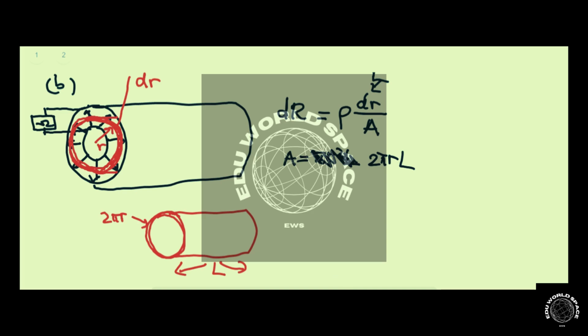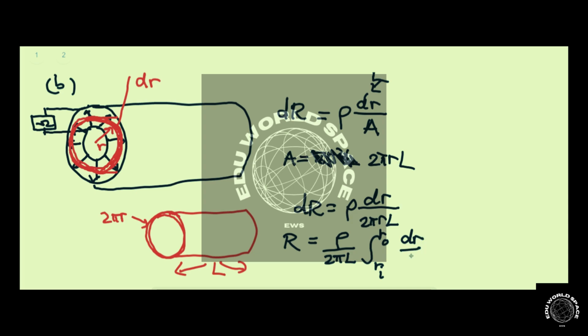And so then dR is equal to rho, the change in the radius, divided by 2 pi r L. And if we integrate both sides, then we have the resistance is equal to, let me just pull out all the constants, rho over 2 pi L, the integral from the inner radius to the outer radius, dr over r.